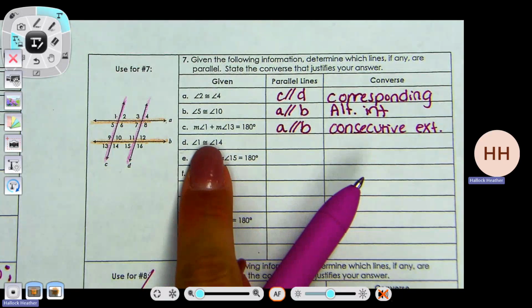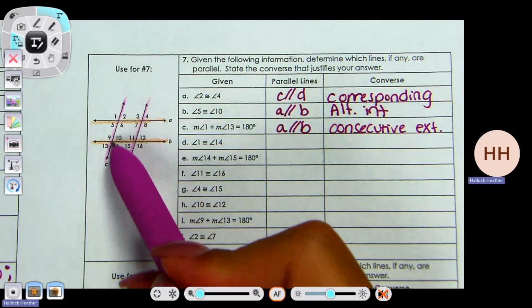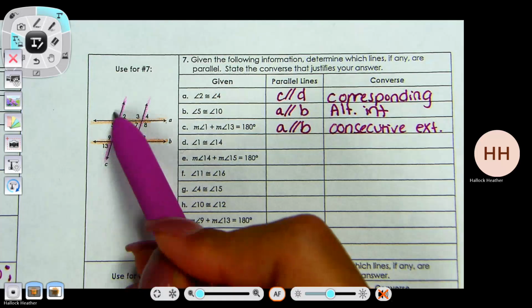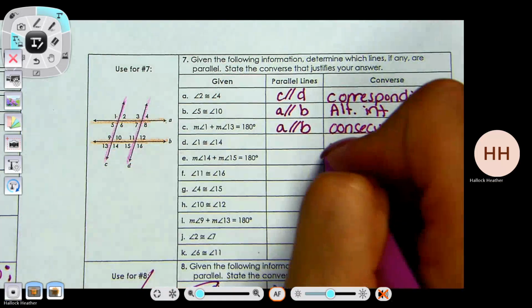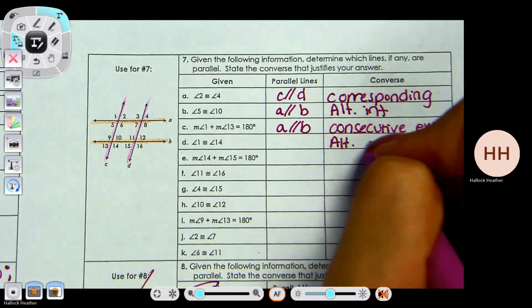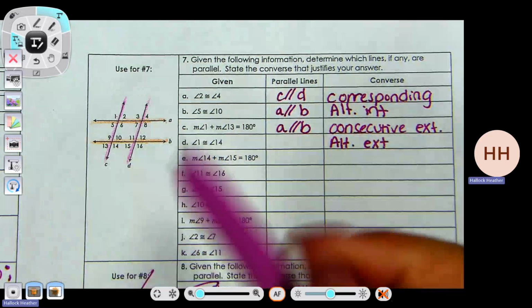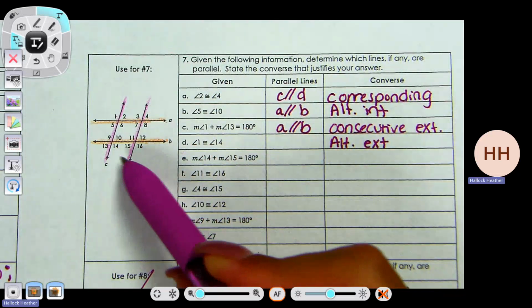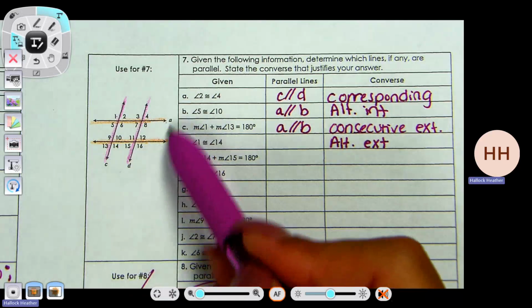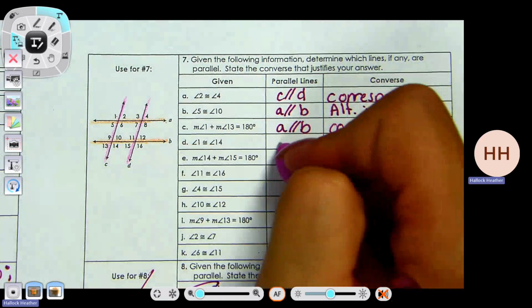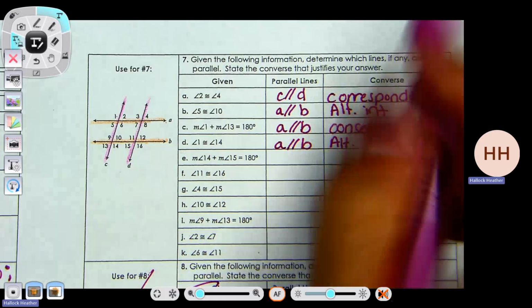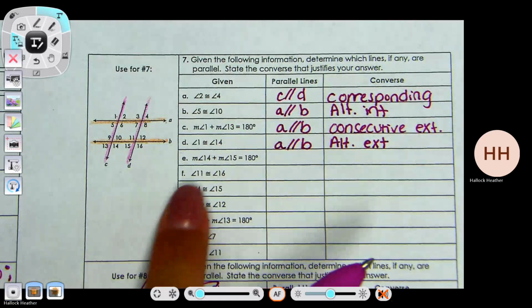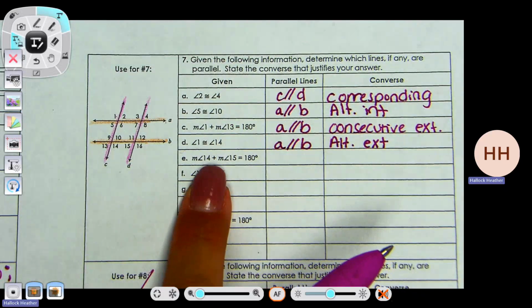What about 1 and 14? Alternate exterior. They're both on the outside. Do you need to know A and B or C and D? A and B. Okay. The next one says 14 plus 15.